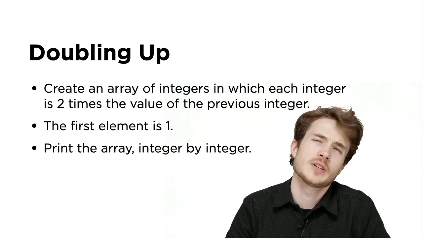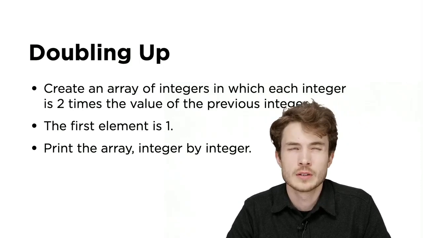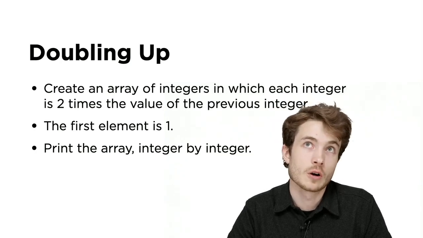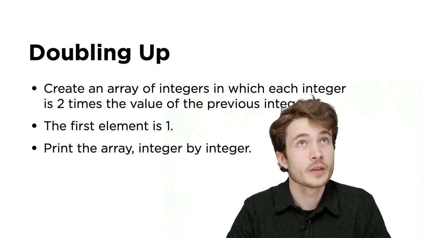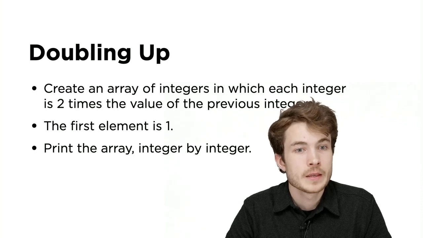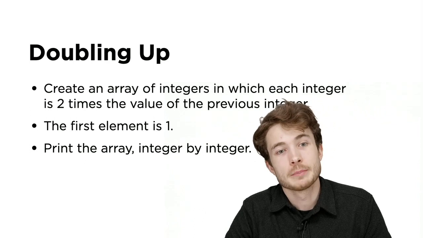So for instance, you could think of a list like 1, and then 2, and then what's 2 times 2? Well, 4. And then what's 2 times 4? Well, 8. And then 2 times 8 is 16. So the entire list is 1, 2, 4, 8, 16. And we want to, in this program, print the entire array integer by integer.